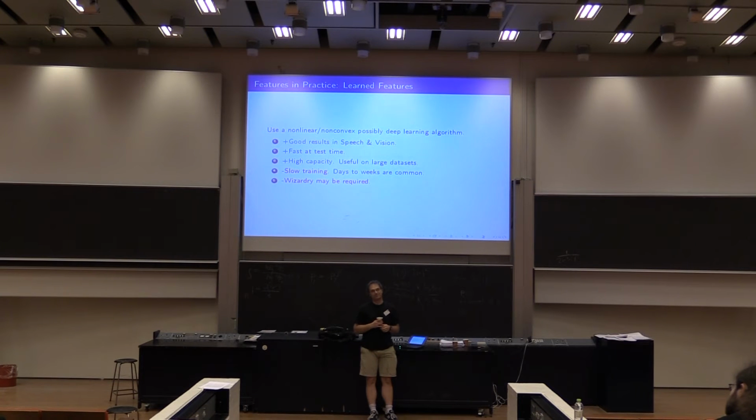Yeah? Can you explain the algorithm again? The algorithm for this? So you have raw inputs, like the raw audio signal or the raw pixels, and then you have a bunch of nonlinearities that you train between the raw input and the final output. And each of those nonlinearities you can think of as computing a feature, right?